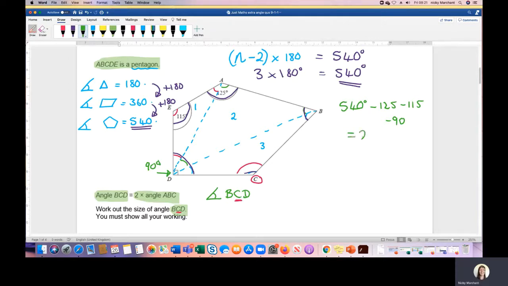Yes, right, equals 210. So you've got a balance of 210 to split between this angle here and that angle down here. They're the ones we don't know about yet. But it does say down here that angle BCD is twice as big as angle ABC. So this is about ratio, you could do it as boxes, you could do it as ratio. So imagine you've got those 2 angles total together.